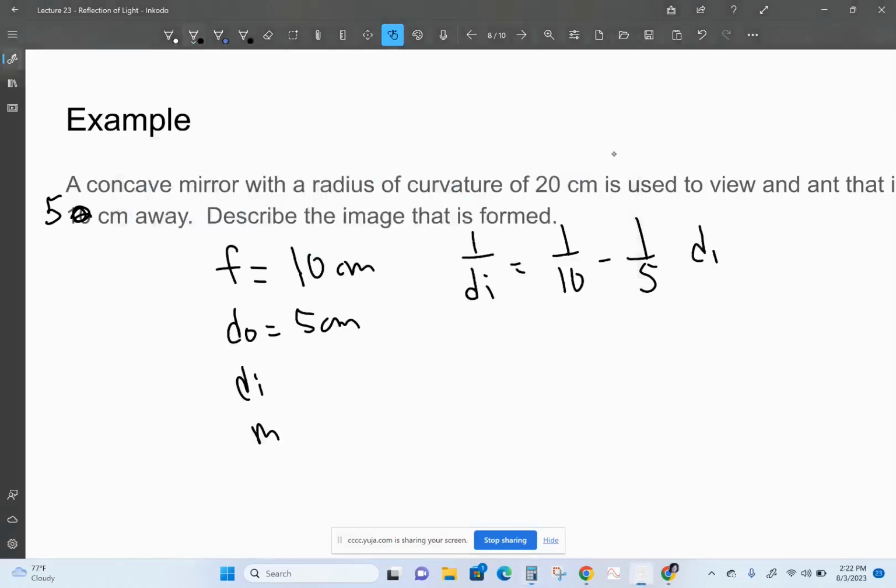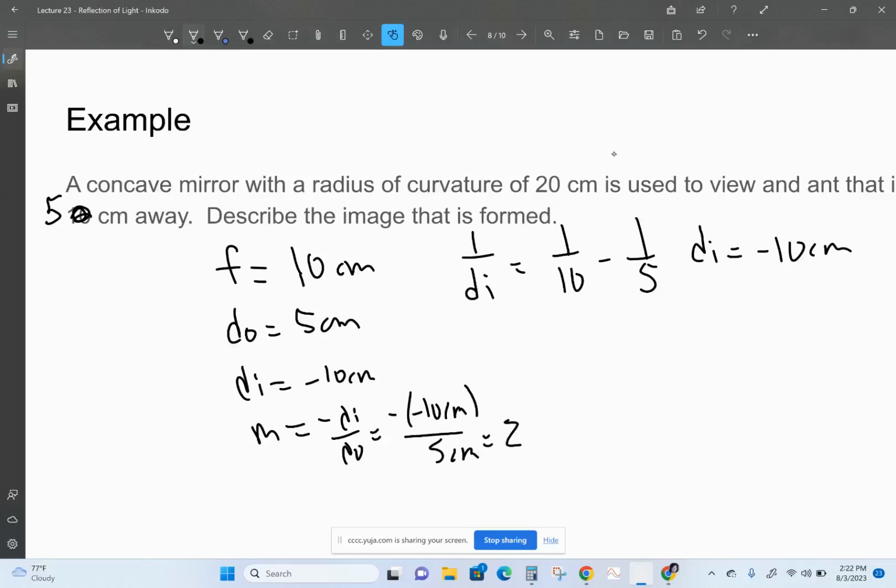And we get di is equal to negative 10 centimeters, which means that it is virtual, and it will form on the opposite side of the mirror. And negative di over do is going to be negative negative 10 centimeters all over 5 centimeters, which is 2. So it's virtual, forms on the opposite side from the object, and it is upright, and it's 2 times bigger.